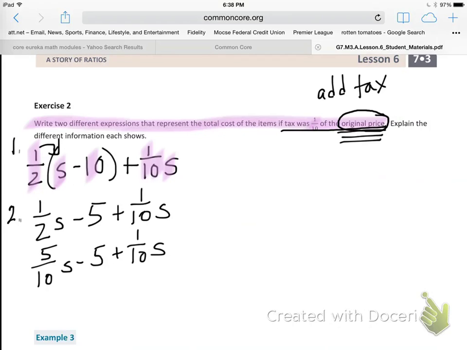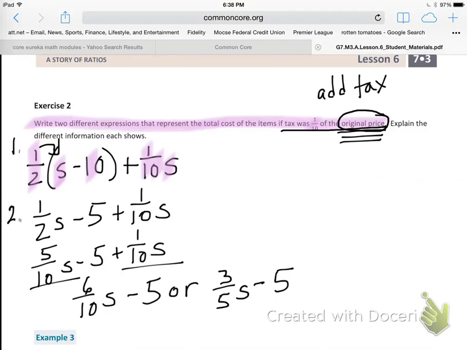Let me see. Am I doing this right? Hold on one second. Yes, that's right. I'm sorry. So then we can just combine these two, and we have 6/10 S minus 5, or 3/5 S minus 5 in lowest terms.